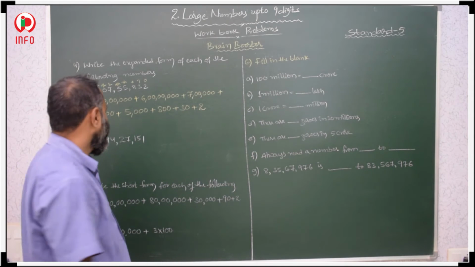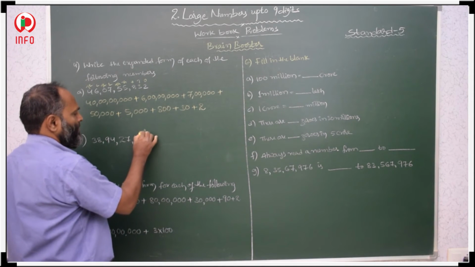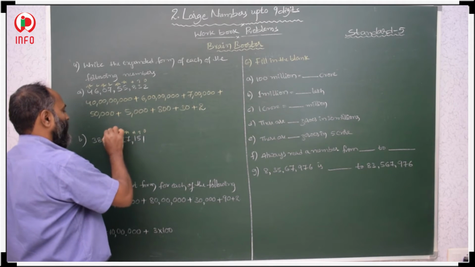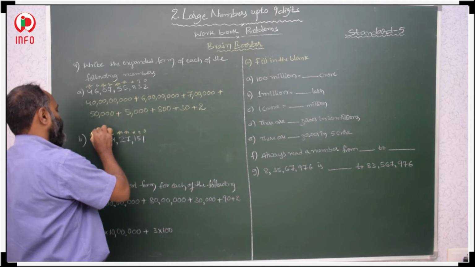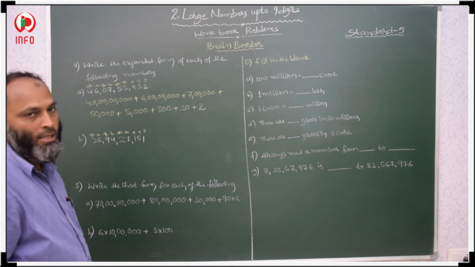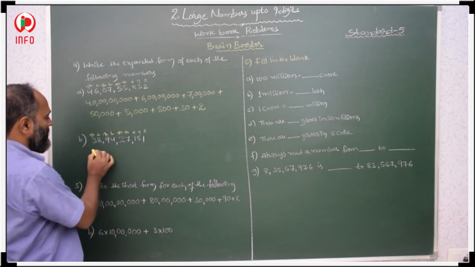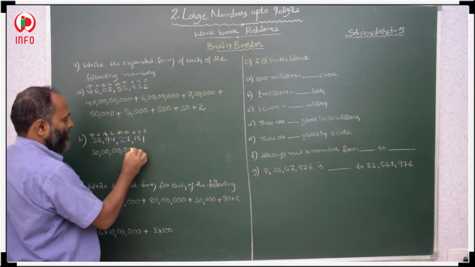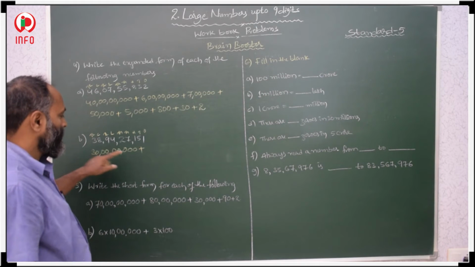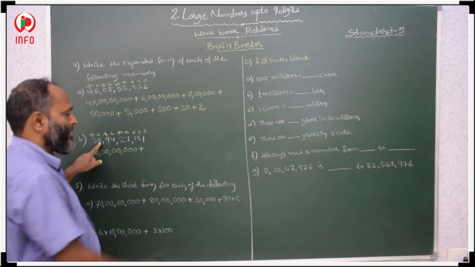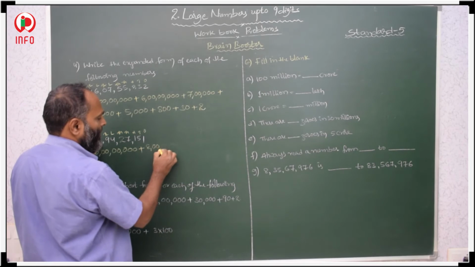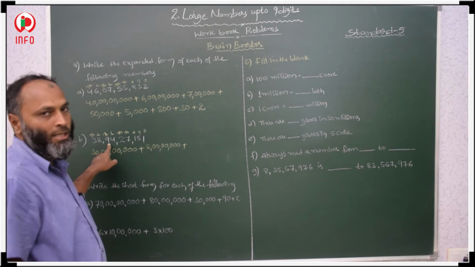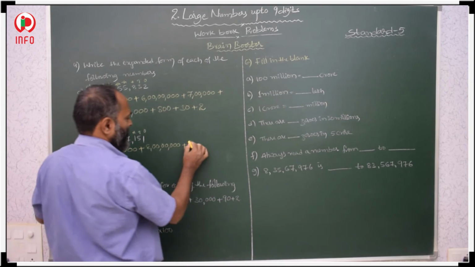Okay. Now ones, tens, 100, 1000, 10,000, lakh, 10 lakh, crore, 10 crore. 3 is in 10 crores place, so that is why 30 crore. Then plus 8 is in crores place, that is 8 crore. Now 9 is in 10 lakhs place, that is 90 lakhs.